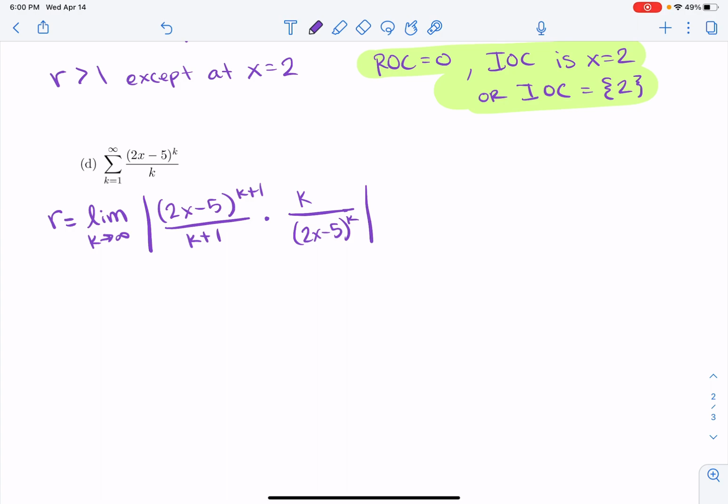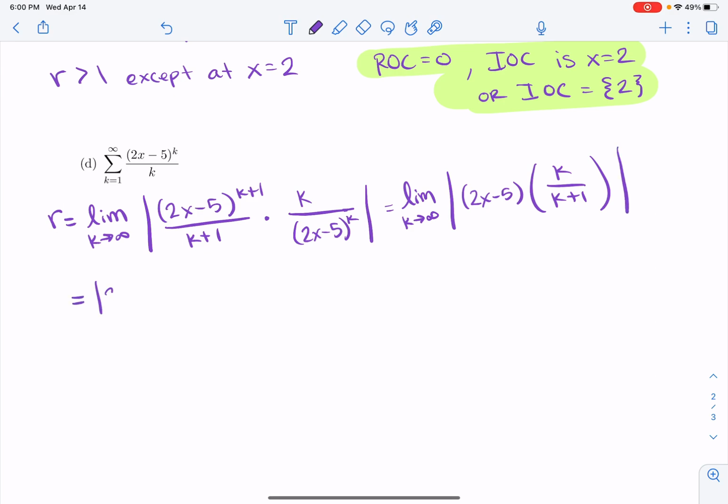And we can cancel some terms. This is equal to the limit as k approaches infinity of (2x minus 5) times k over k plus 1.